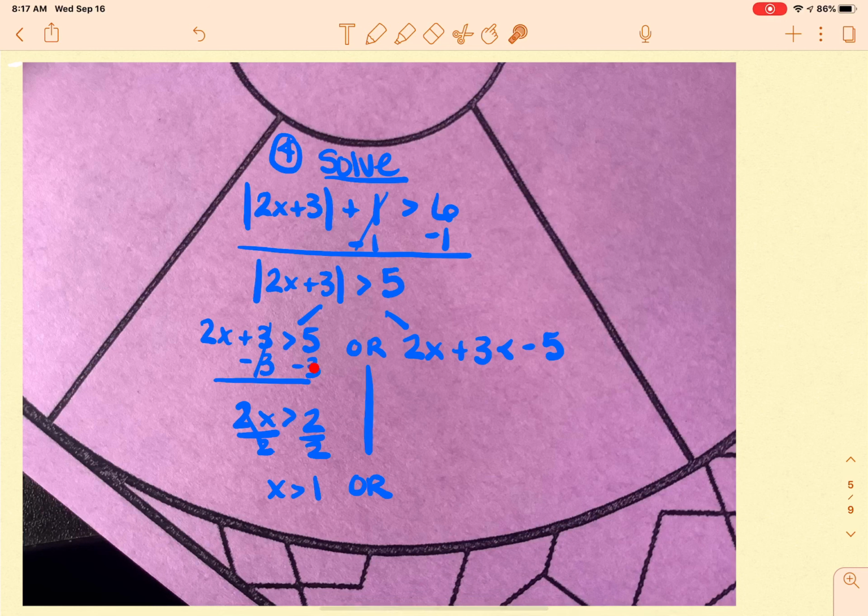Now, this subtracting 3 and dividing by 2 is going to be the same thing that happens over here. So I'm going to subtract 3. So I have 2x is less than negative 8 and divide by 2. X is less than negative 4.